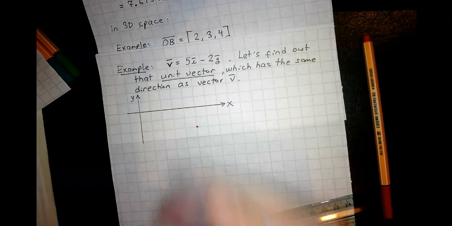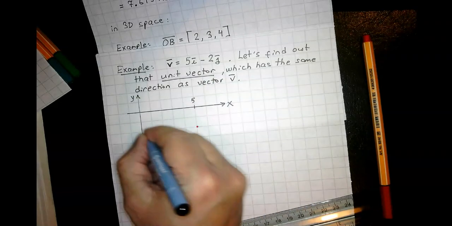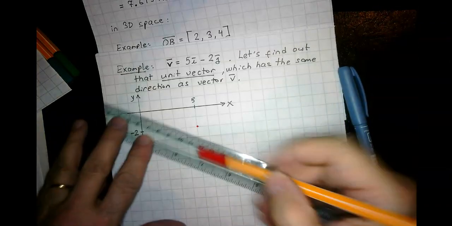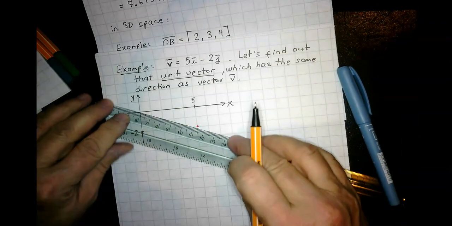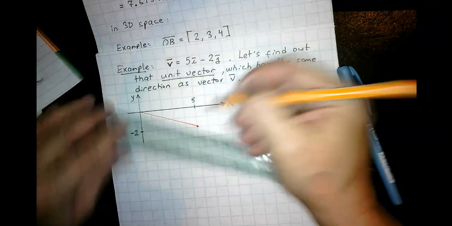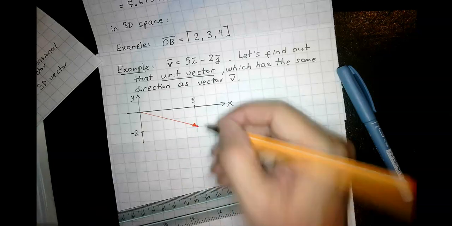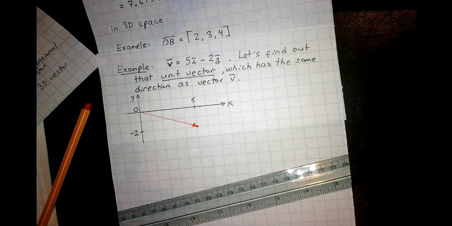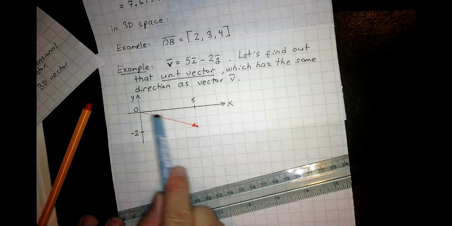We have here 5, and here we have -2, and the vector will be this vector here. This is origin there, O. And this unit vector, which we are trying to find out now, means that it has the same direction as this.